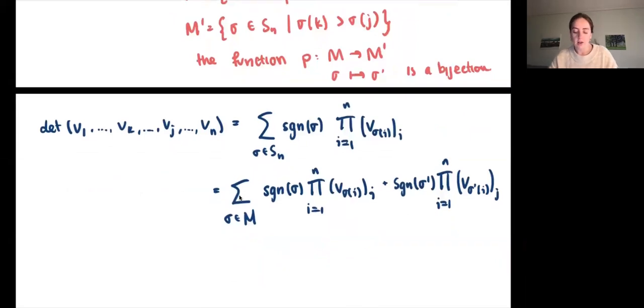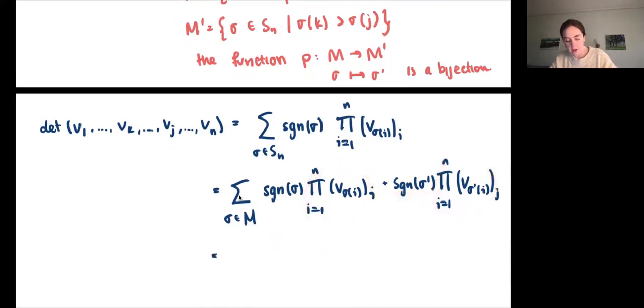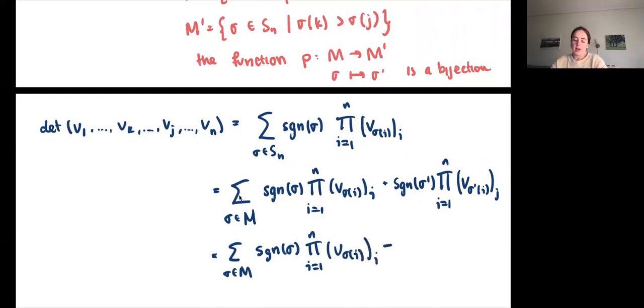And like we talked about, the two contributions here are going to be equal for sigma and sigma prime, and the signs are going to be opposite. So we get the sum over sigma in M, SGN sigma, product as I goes from 1 to n, V sigma I sub I, minus SGN sigma, product as I goes from 1 to n, V sigma I sub I.